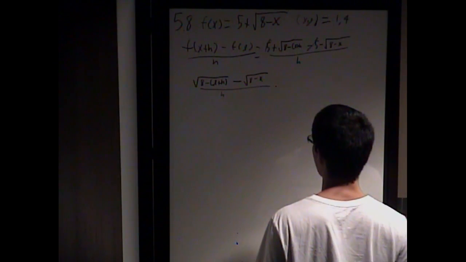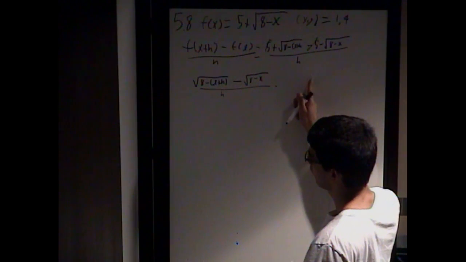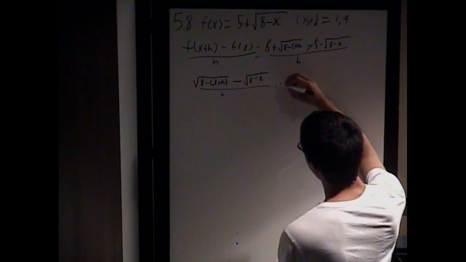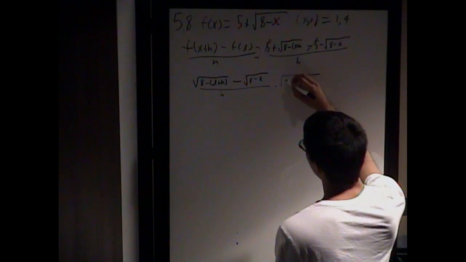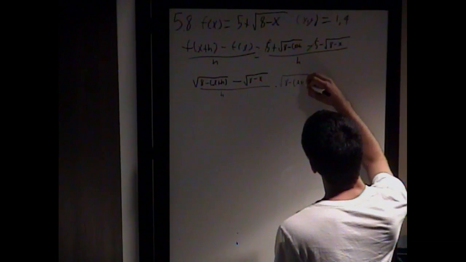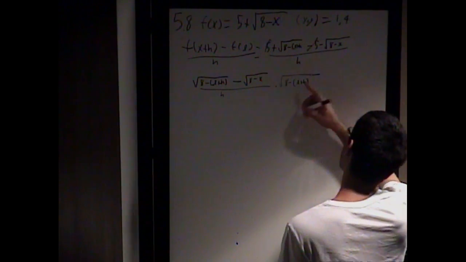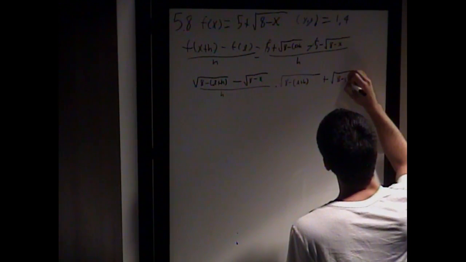And in order to do so, we need to have this sign be positive on the right hand side, so that we're multiplying this entire fraction by the square root of 8 minus x plus h plus the square root of 8 minus x.